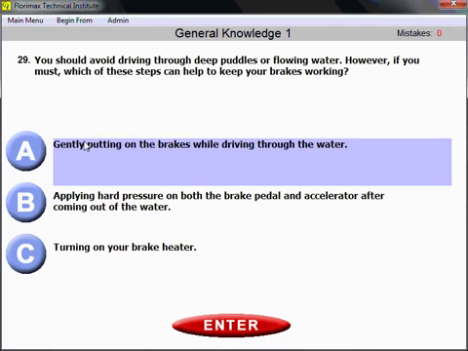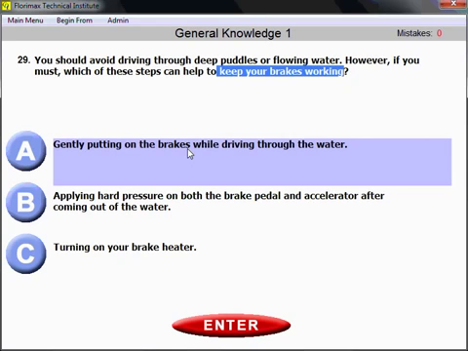And there is another good trick, good help to you. The word gently. Whenever you see the word gently, safely, cautiously, most probably that would be the correct answer. Not in 100% of cases, but in 99% of the cases. And again, if you have to go through deep puddles or flowing water, one way to keep your brakes working is to gently put on the brakes while driving.